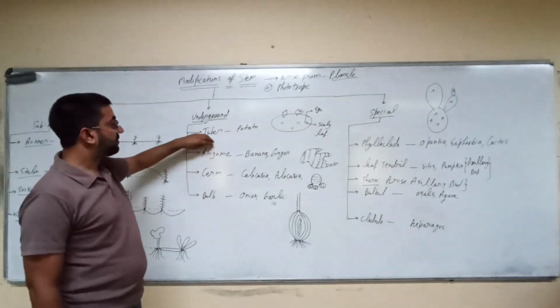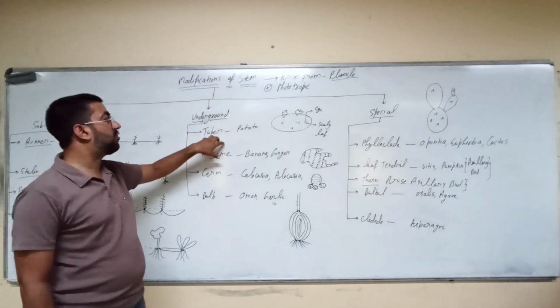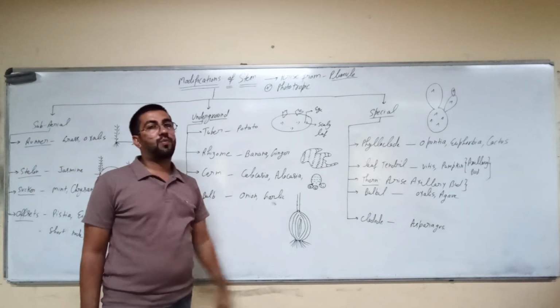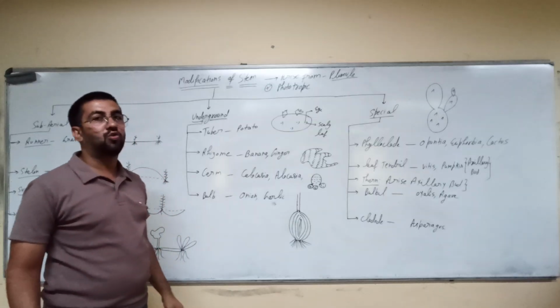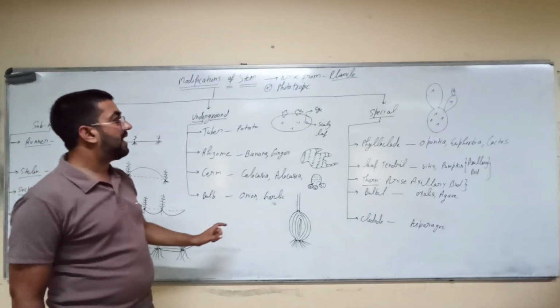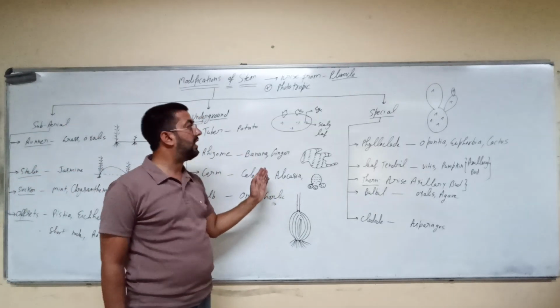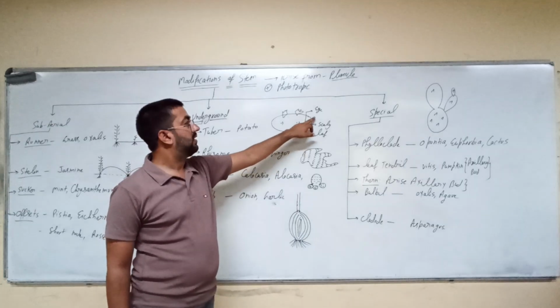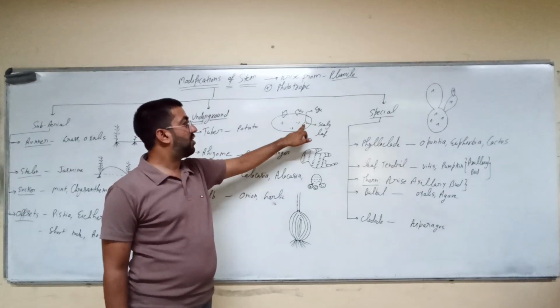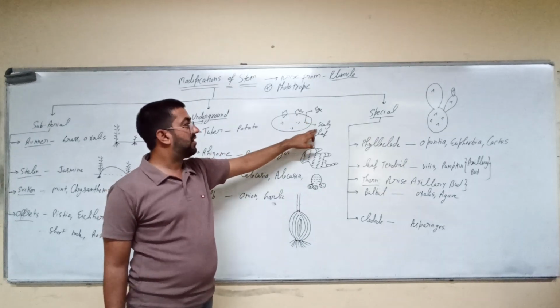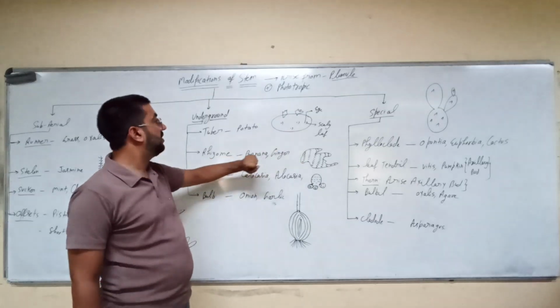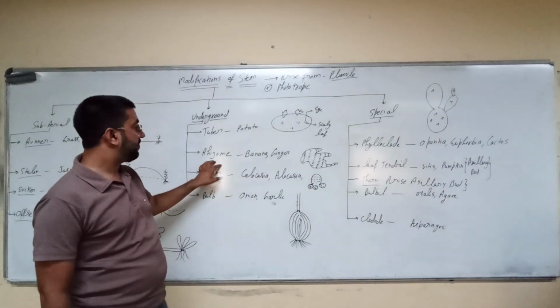Underground, the potato tuber, in which the tip of the stem gets modified into a tuber-like structure, and it has nodes and internodes. Again, the eye is known as the bud. It is covered by scaly leaves. Potato. Rhizome.